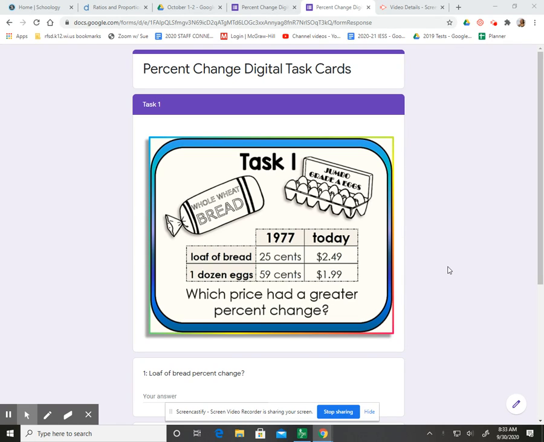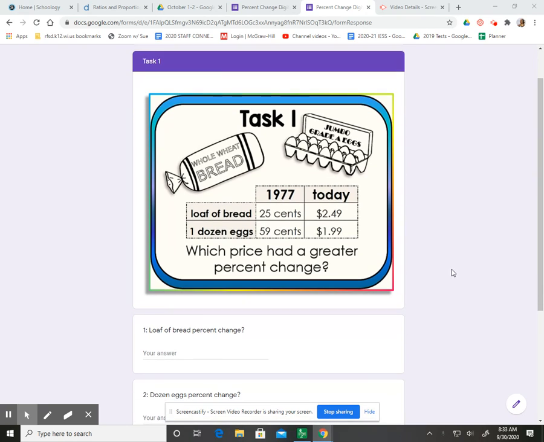And I'm just going to show you on this first task card how this works, what we're doing, and maybe give you a better idea of how to do this percent change stuff. We need to use this information: the cost of a loaf of bread and 1 dozen eggs in 1977, and the cost of those things today.